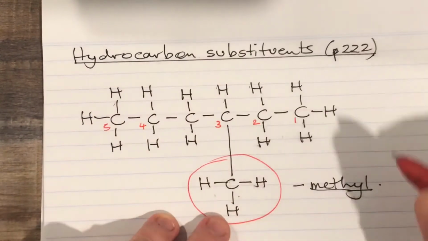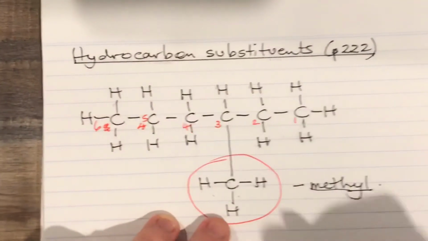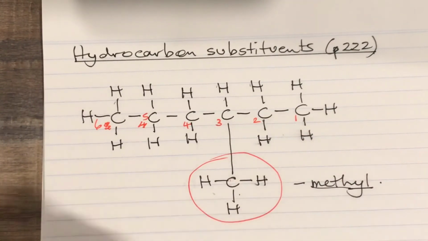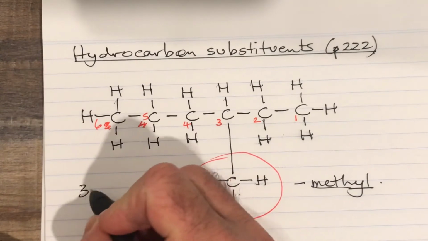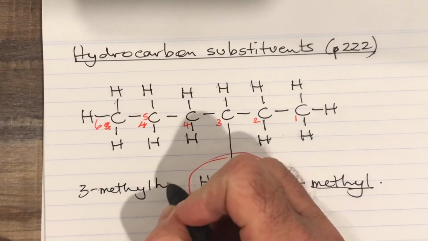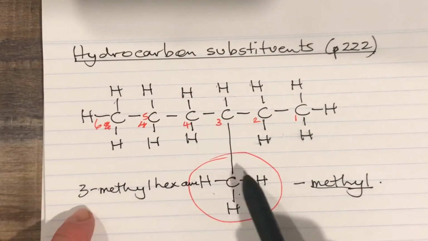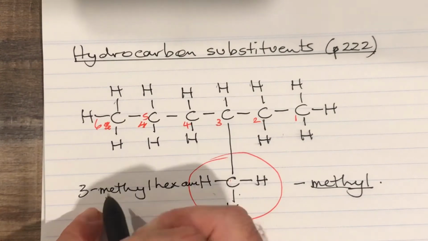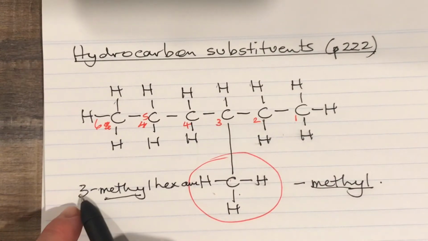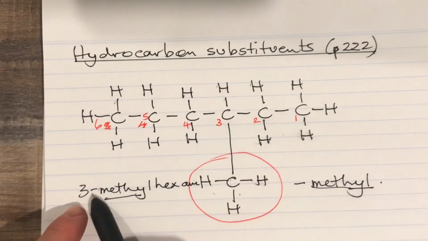4, 5, 6. So this becomes 3-methylhexane. 3-methylhexane. As you can see, just before the prefix for the substituent, you write down a number, and that number indicates which carbon on the main chain it's attached to.